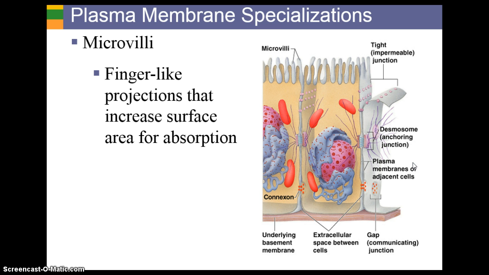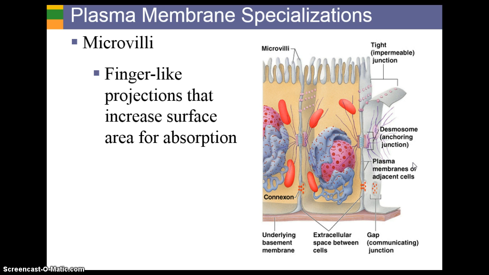Well, that additional surface area allows more resources that the cell needs for survival. It allows a greater surface area for things like oxygen and proteins and ions to actually come into contact with the cell. So it makes the space available to come into contact with those needed resources greater.